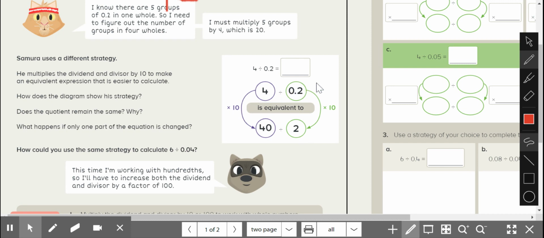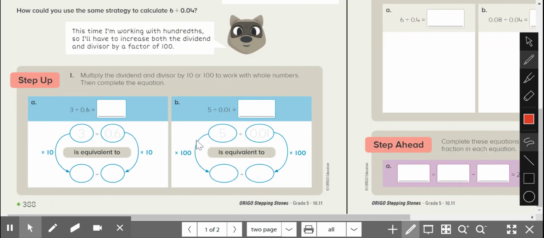And if we do it on this side of the division symbol, we have to do it on the left-hand side as well. So 4 times 10 is 40. 40 divided by 2 is then a problem I can do a little bit more simply. How many groups of 2 are there in 40? There are 20. I'm going to ask that you go ahead and complete these, thinking of that same idea.